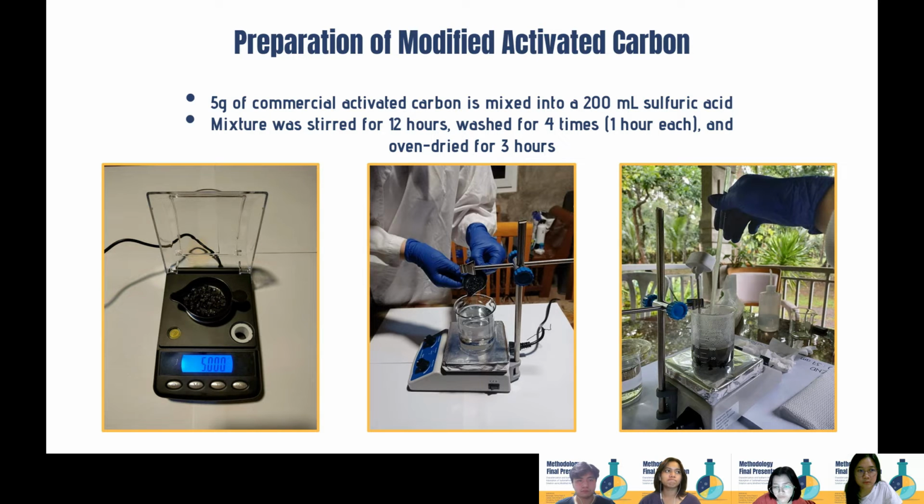For the second hour of drying, the activated carbon now weighed 4.301 grams. Lastly, for the third hour, the weight of the activated carbon remained at 4.300 grams. Therefore, at this rate, we already stopped drying the acid-treated activated carbon.